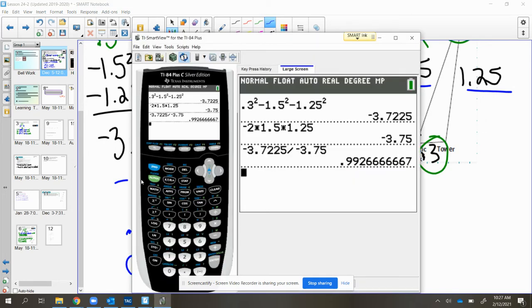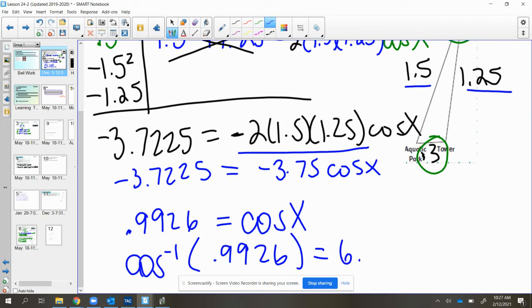Now, I recommend second cosine, then second answer, so it just saves that answer in, instead of having to type all that in. And we have about a 6.943 degree angle. So a very tiny angle, but probably a lot when you're swimming would be that angle.